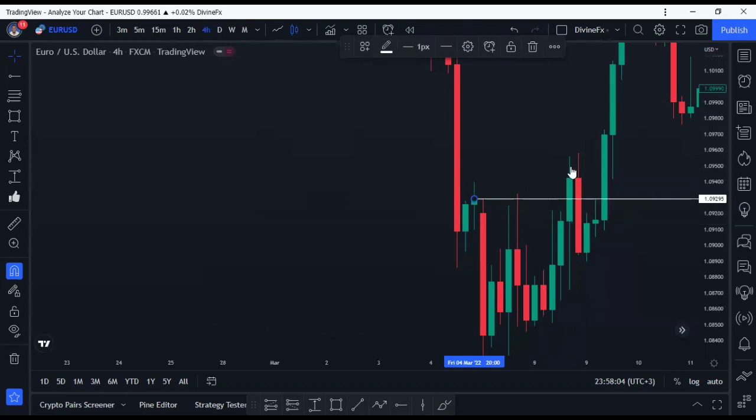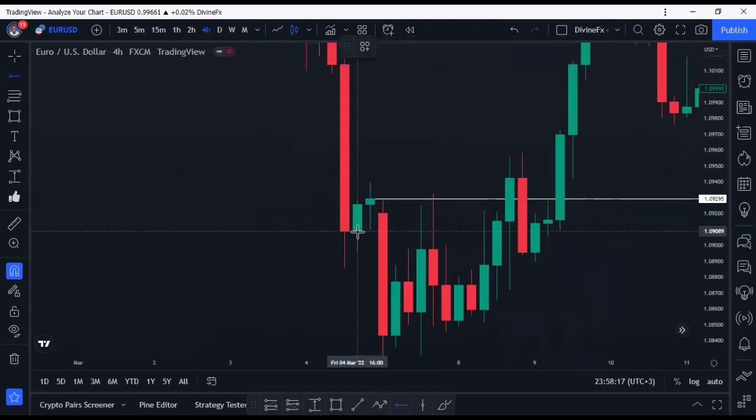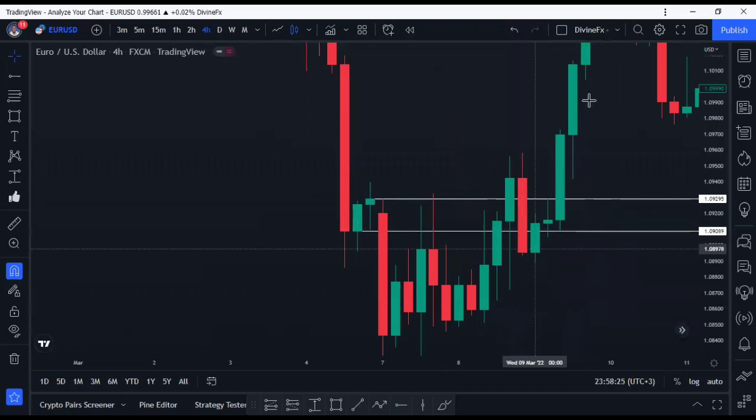After breaking these, price retraced back to test the invalidation point and then moved to the uptrend. So at this point, this was our invalidation point. After the breakout, price came back to retrace to this invalidation point, then the market proceeded with an uptrend.